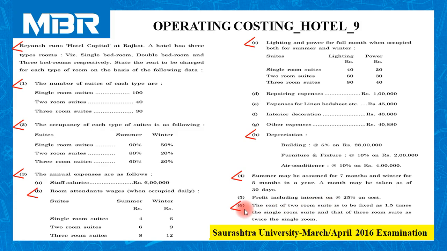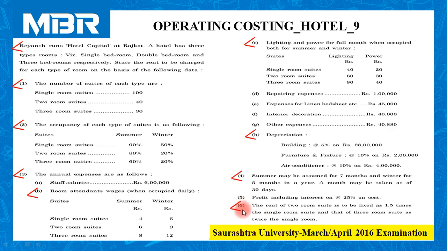Sixth and last, but most important, this is related to the mechanism of the rate of the room. The rent of a 2-room suite is to be fixed as 1.5 times the single rate, and that of a 3-room suite as twice the single room.